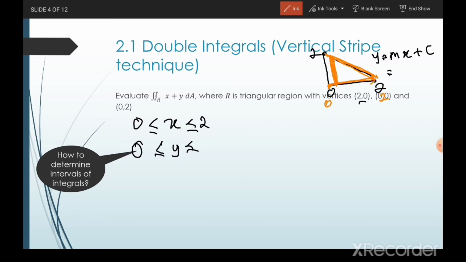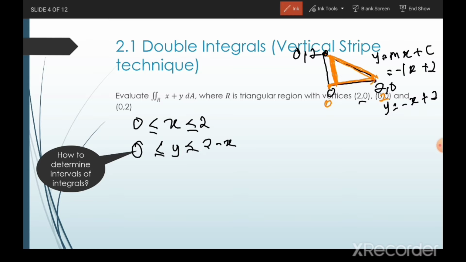You use the slope formula, so you get negative 1. So we get negative x here, plus 2 for c, the intercept is 2, so you get y equals negative x plus 2. So the interval for y is between 0 and 2 minus x.